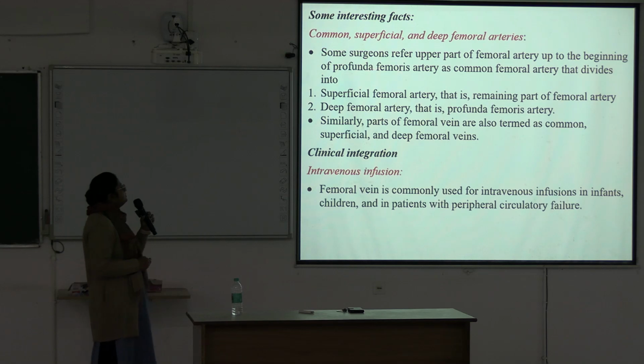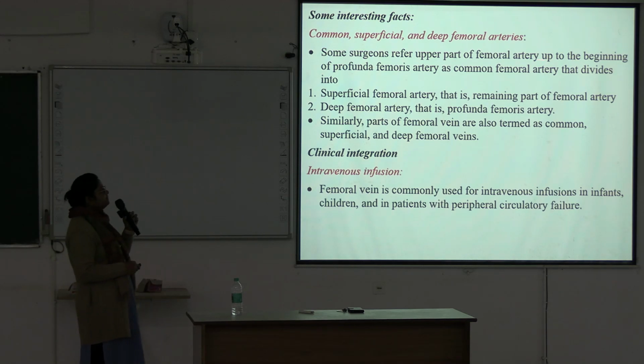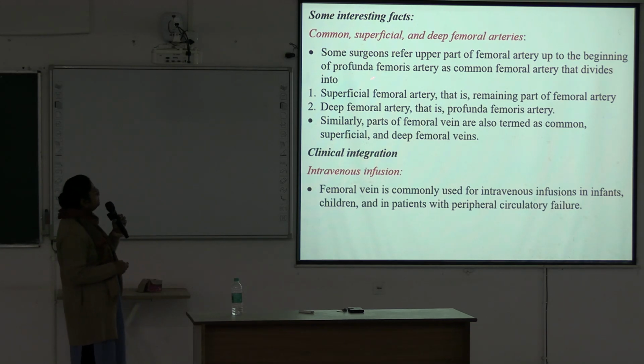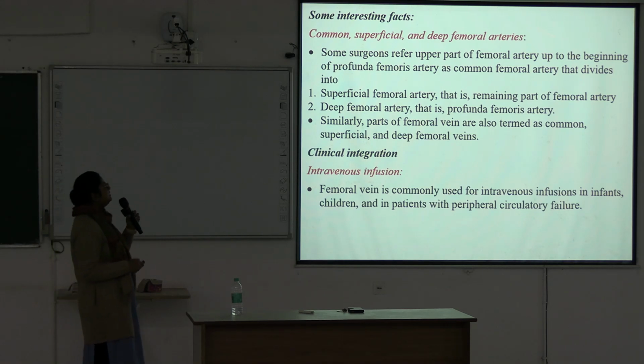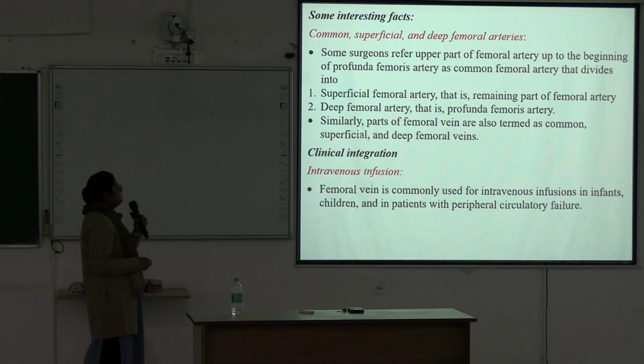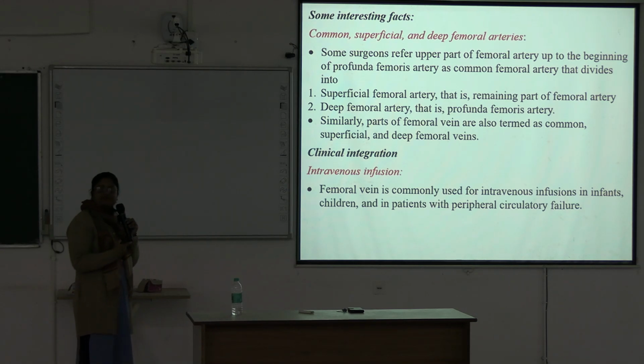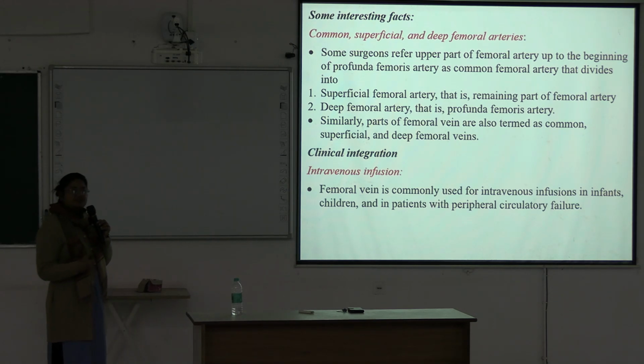Okay, so some surgeons refer to the upper part of femoral artery, up to the beginning of profunda femoris artery, as common femoral artery, and that divides into superficial femoral artery and deep femoral artery. Superficial femoral artery is the remaining part of femoral artery, and deep femoral artery is profunda femoris. Okay, these terms are also used in your question.